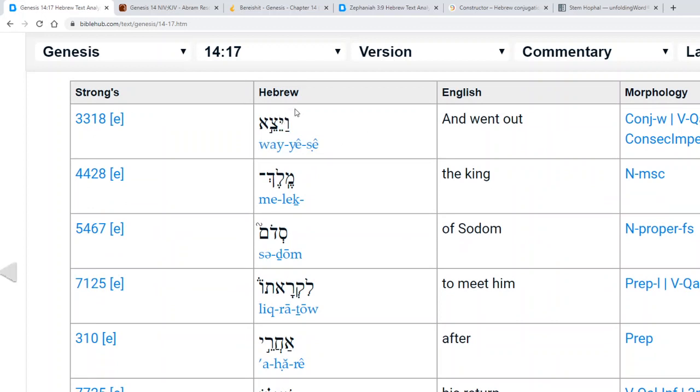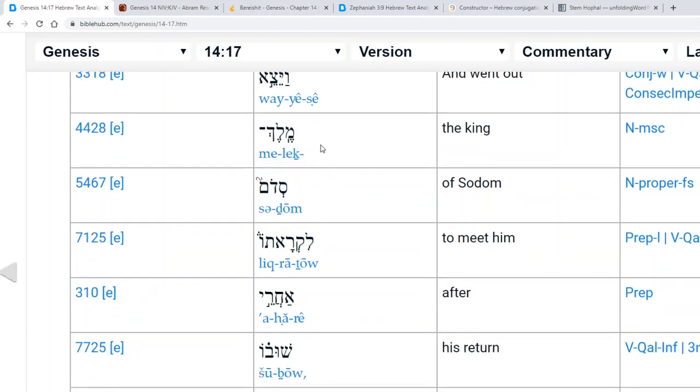So the roots here, obviously, there's the tzaddik and the aleph. I would say is tzaddik aleph hey, right? To go out, but the hey has absconded. Melech means king. Sdom is Sodom. So the king of Sodom, right?